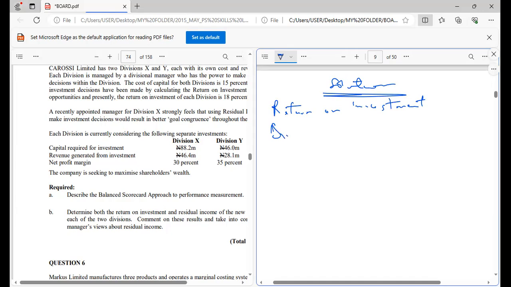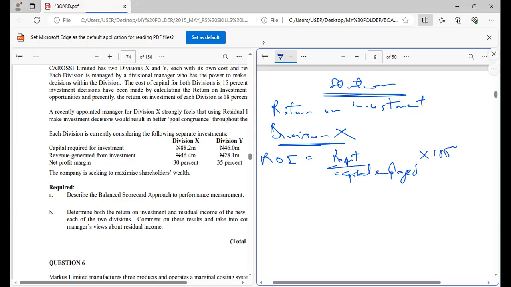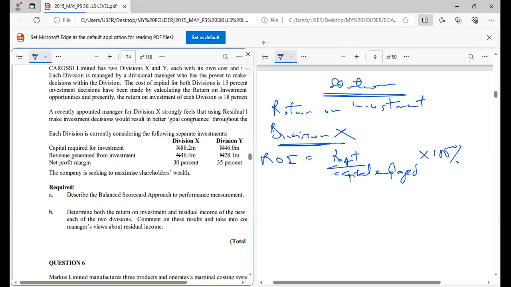So let's look at division X. We know that our return on investment is equal to profit all over capital employed times 100%. And from the question, what's our profit?